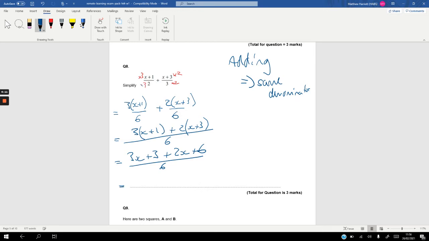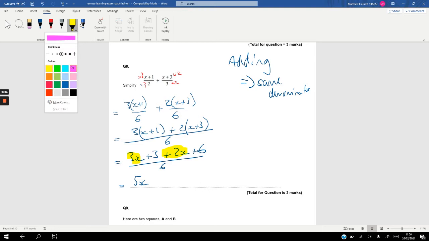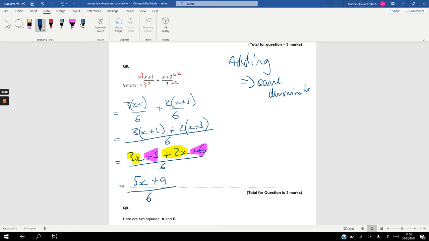Now I can simplify the top. So this is 3x plus 2x gives me 5x, and then 3 plus 6 gives me 9, and that's all still divided by 6. Okay, and that's your 3 marks.